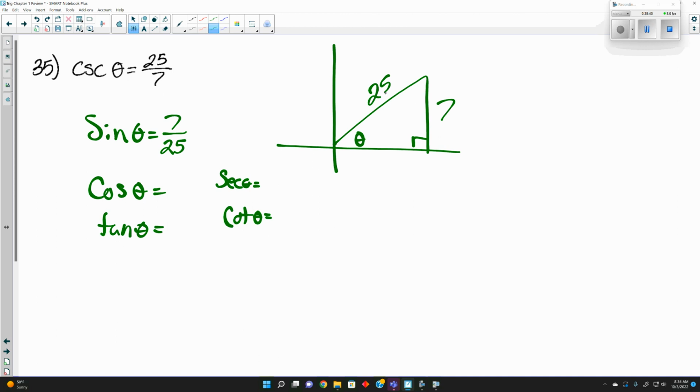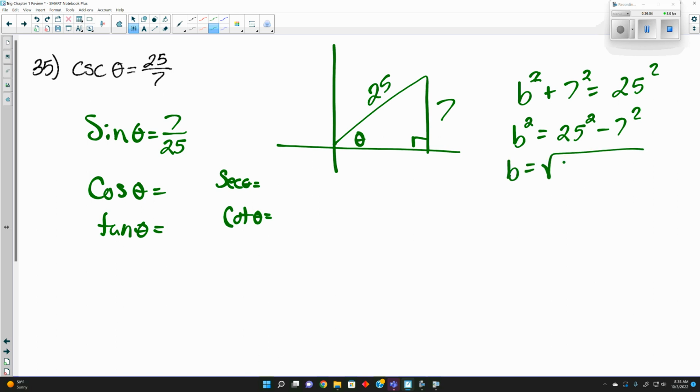So the only thing we're missing is the adjacent side. So the adjacent side, we can say b squared plus 7 squared is equal to 25 squared, or b squared is equal to 25 squared minus 7 squared. Or realistically, b is the square root of 25 squared minus 7 squared.